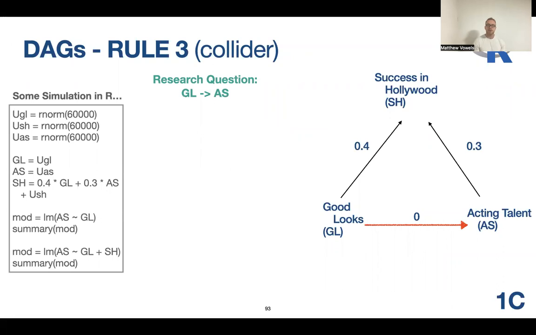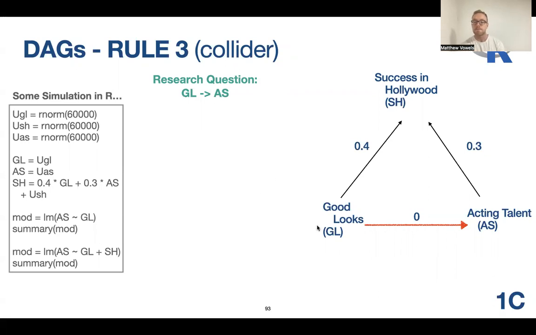As a bit of a silly example to demonstrate rule 3 in action, this is also taken, I believe, from Brady Neal's course, but I might be misremembering it. There's a common example that gets used for colliders, which is looking at the relationship between having good looks, being attractive, having acting talent, and being successful in Hollywood. Now, this is again a very simplified example.